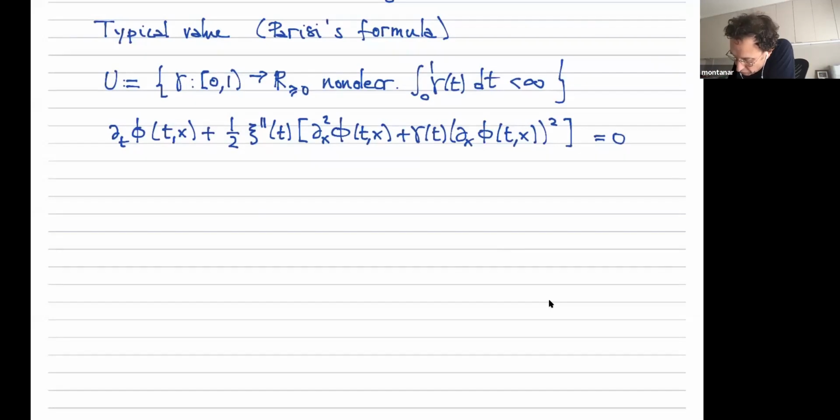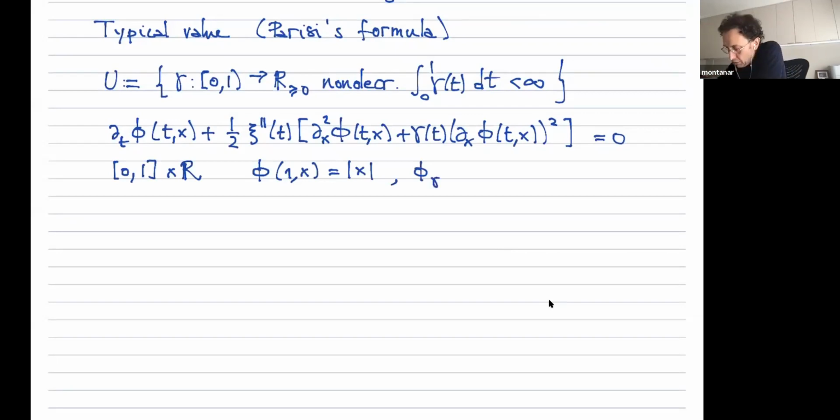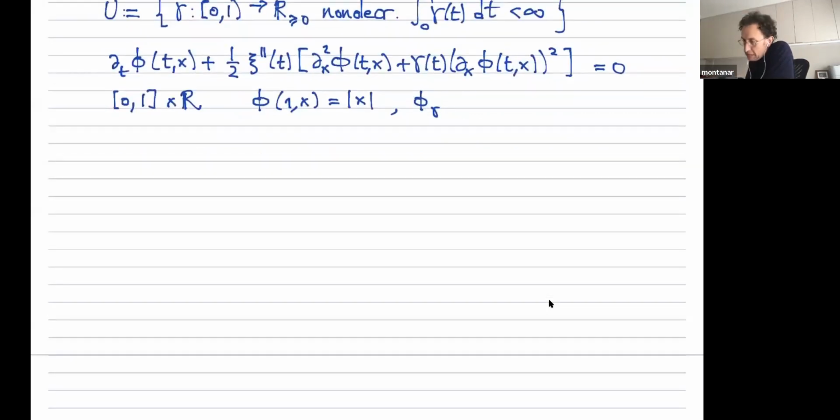You solve it on 0, 1 times the reals, with boundary condition at 1. Call phi gamma the solution of this. You can prove existence and uniqueness in the weak sense and all sorts of nice properties.